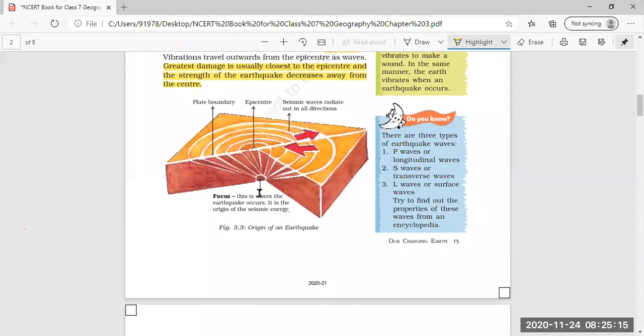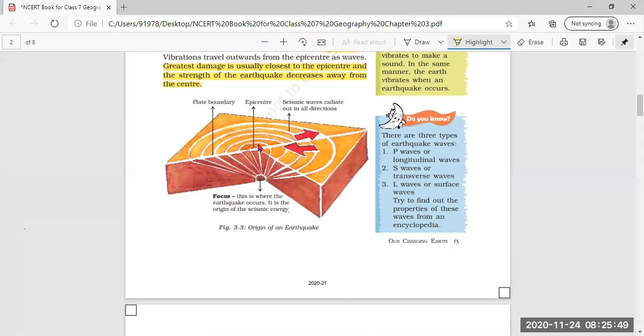On the surface of the earth, straight above the focus, is the epicenter. It moves in a circular direction, and the destruction will be greater there. When moving away from the epicenter, the earthquake decreases away from the center, so there is less destruction in the farther areas, but more in the nearby areas.